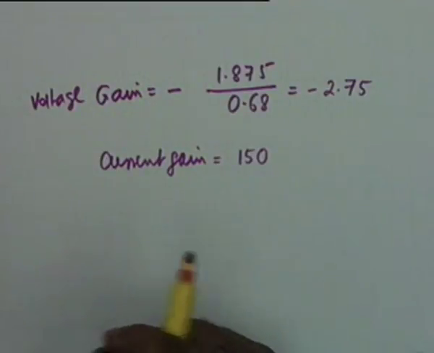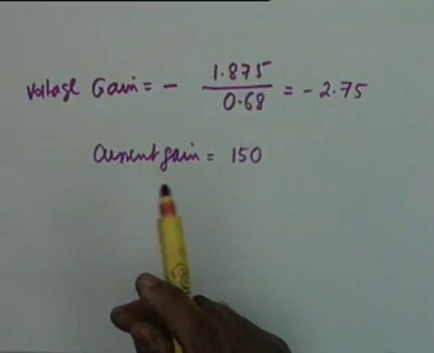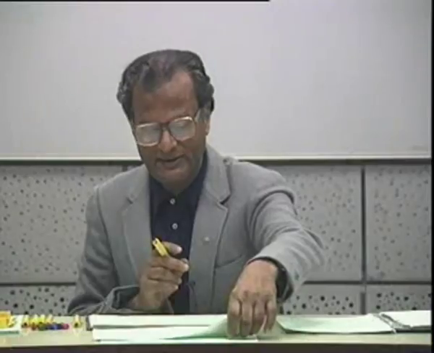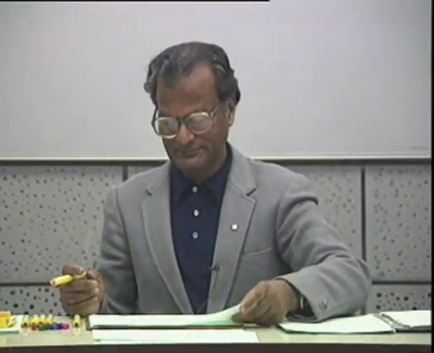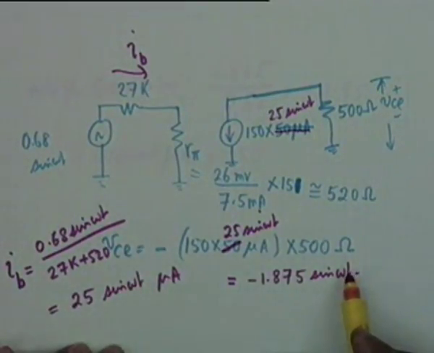Now you notice that there is a negative sign here. So the gain, okay, let me go back here. The output voltage signal component has been found out to be minus 1.875 sine omega t. Apparently there is no phase change, because this is sine omega t, the input is also sine omega t.